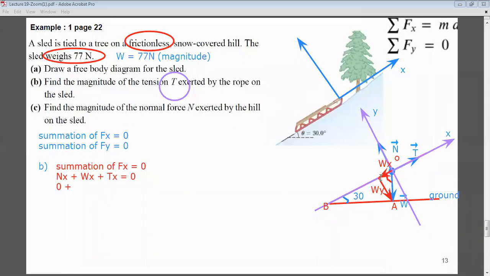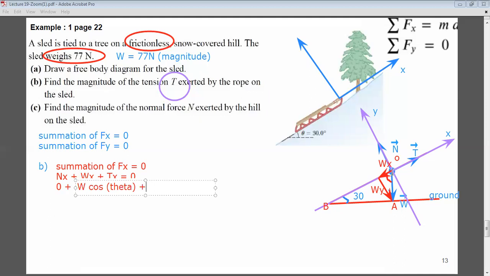And this is a right triangle, and I have W, it's 77, and it's making 60 degrees. This wx is adjacent to the 60 degrees, right? So wx is how much? It is W cosine theta, which is 60 degrees, plus Tx.